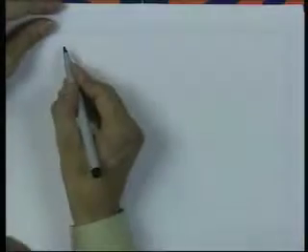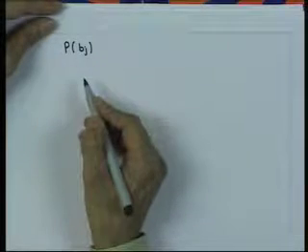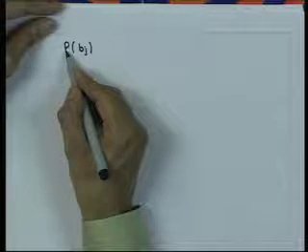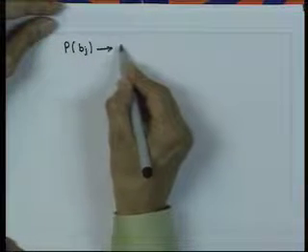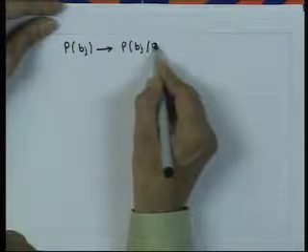On the other hand, if we do know that the input symbol is Ai, then the probability that the corresponding output will be Bj changes from probability Bj to probability Bj given Ai. So, once the transmission of symbol Ai is known, the output symbol probability P(Bj) changes to probability of Bj given Ai.